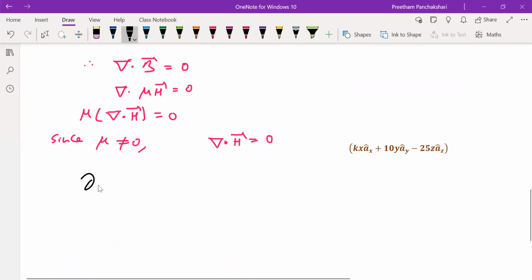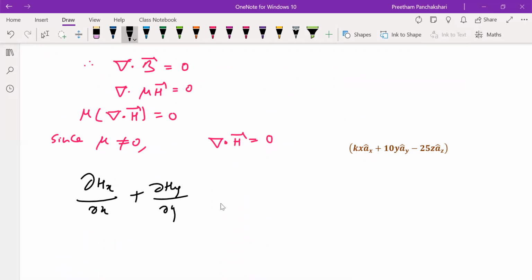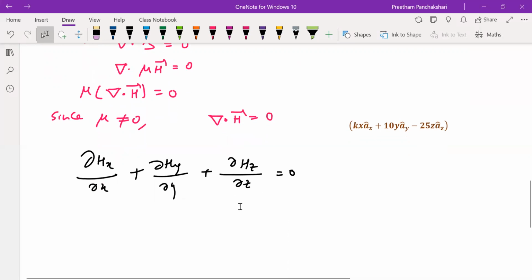Fine. Let us expand del dot H. So del dot H means dou Hx by dou x plus dou Hy by dou y plus dou Hz by dou z. There is a divergence, a scalar operation, no unit vectors. Careful. So we have to differentiate the components separately.